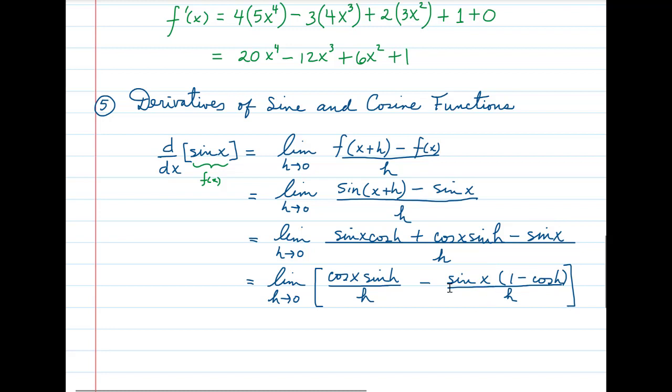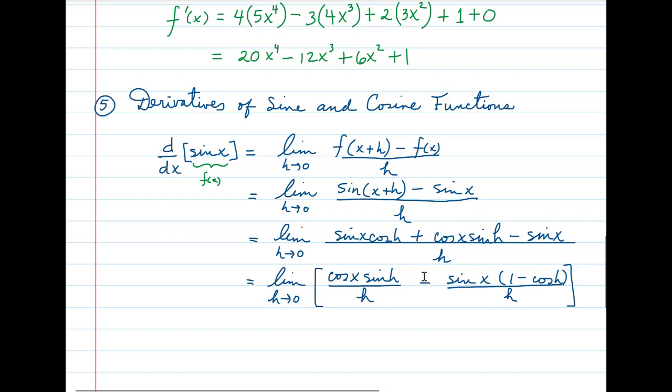As a matter of fact, I factored out the negative sine x, so I ended up with 1 minus cosine of h there. And then I split these two terms into two fractions. Since everything is under h, I can split them in this way with the purpose of seeing hopefully some limits that I'm already familiar with.